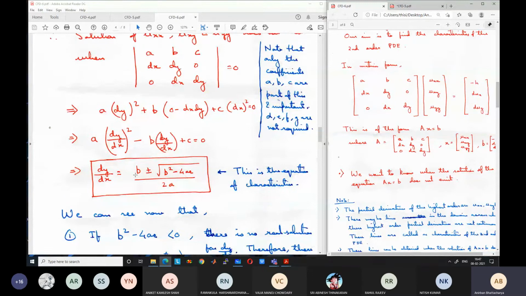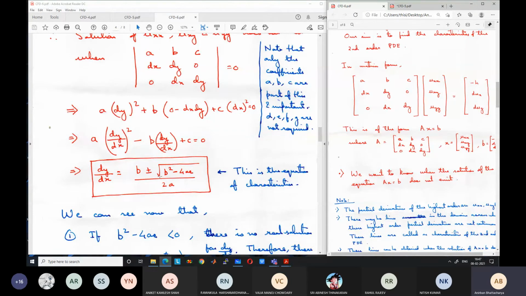A, B, C are known values, the coefficients. When dy/dx is equal to this value, then for those cases the solution of second order derivatives does not exist. So all the points where dy/dx is equal to this value constitute the characteristic line. Is it clear?